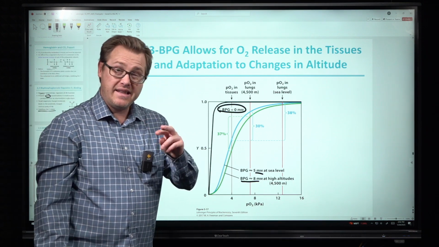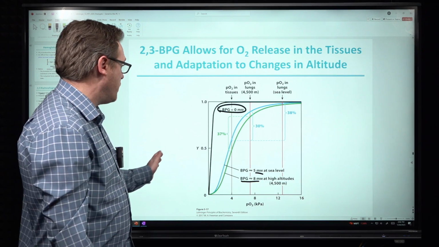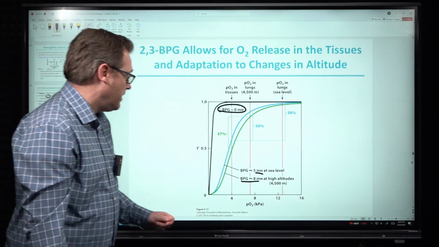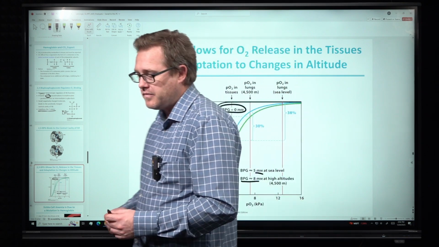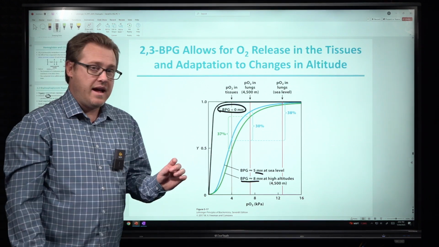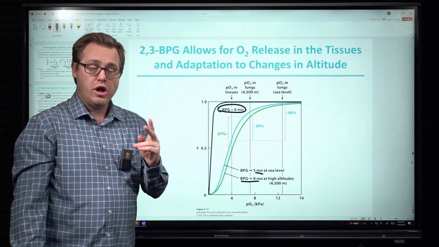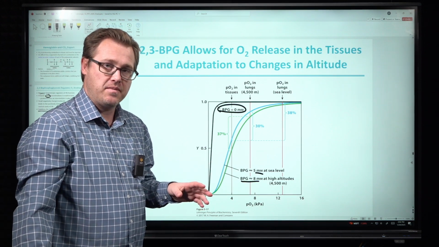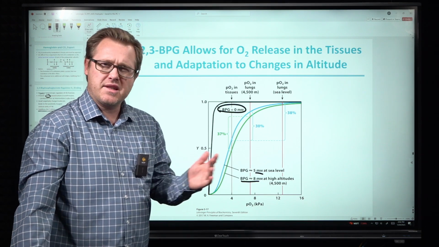And why is there a difference in concentration? That is because the blue curve is at sea level and the green is at a higher altitude. So let's say the mountains. Now, this is interesting in the fact that depending on the altitude that you're living at, your concentration of BPG is going to change. And this is the spoiler alert.